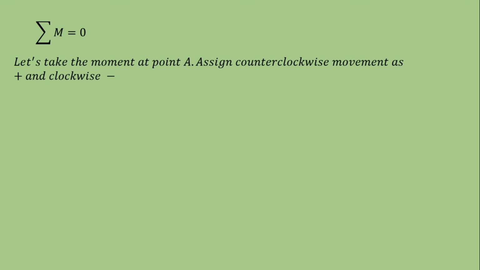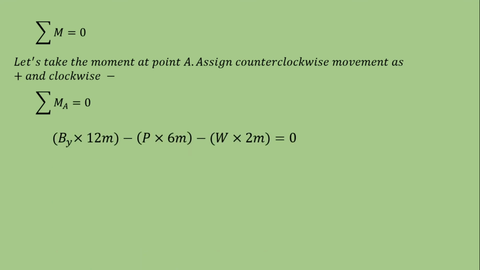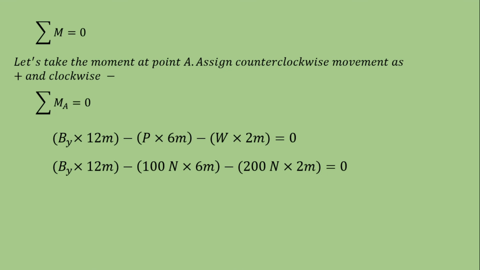So to get that, the moment at A must be 0. The only counterclockwise movement there is from the reaction BY. So BY times 12, the whole distance of the beam from point A. Then we subtract P times 6 meters, minus our W times 2 meters, which is its distance from point A. So we have BY times 12 minus 100 Newton times 6 meters minus 200 Newton times 2 meters.